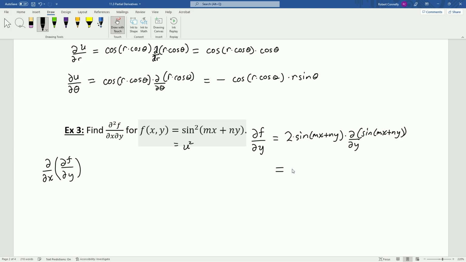So this becomes 2 sine of mx plus ny times, now the derivative of sine is cosine, so we get cosine of mx plus ny times the derivative with respect to y of this inner function, which is mx plus ny.